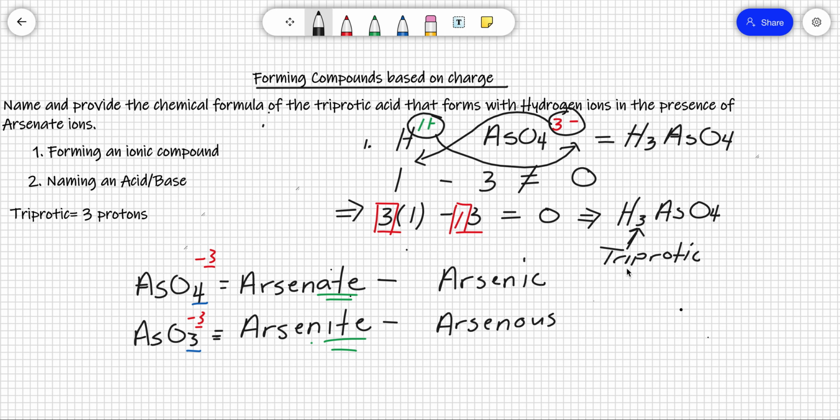Remember, an acid is anything that releases hydrogen ions. So because this one has hydrogen, it's now formed an acid. Now what we need to determine is whether this is going to be called arsenic acid or arsenous acid. In this case, because we're working with the AsO4 instead of the AsO3, this one is going to be called arsenic acid.